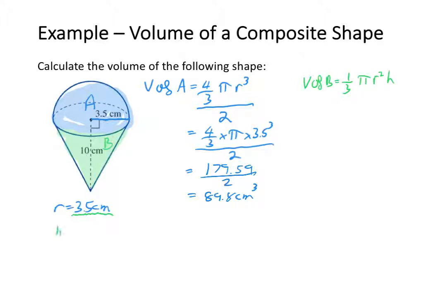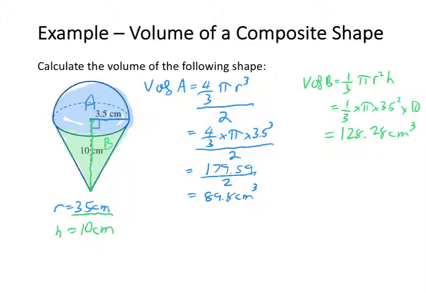My height is going to be from the tip of my cone to the base of the cone, which is equal to 10 centimeters. So substituting in those values, 1/3 times pi times 3.5 squared times 10, and that is going to equal 128.28 centimeters cubed.